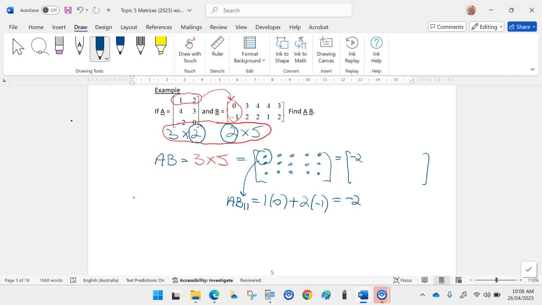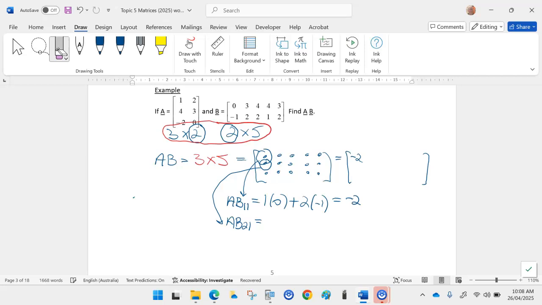Now, if I was to take the second element there, would we all agree that is the product AB in position second row, first column?